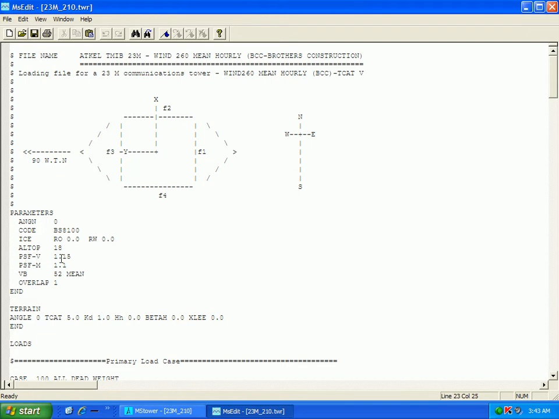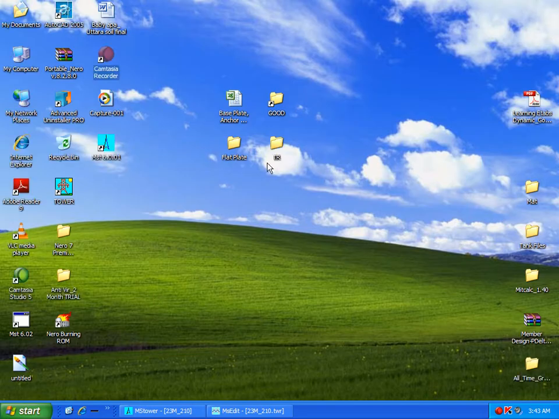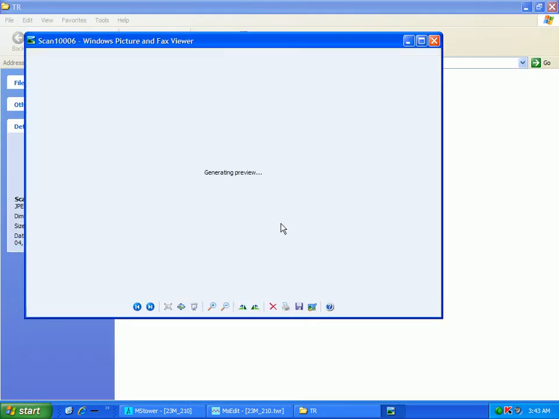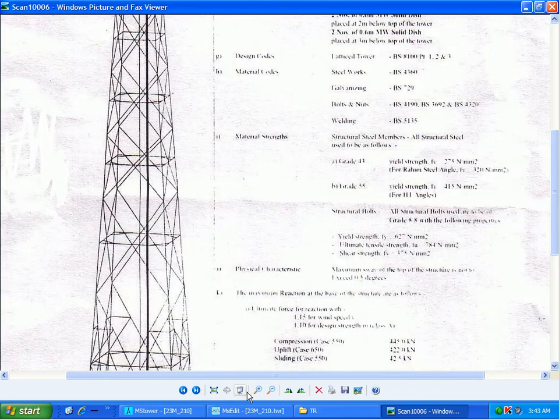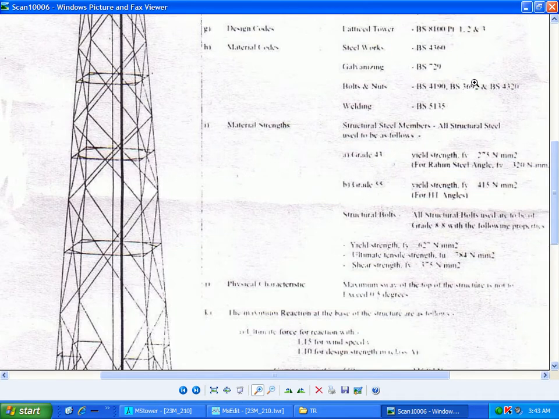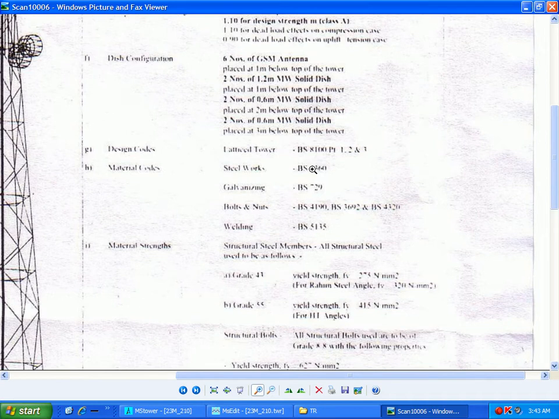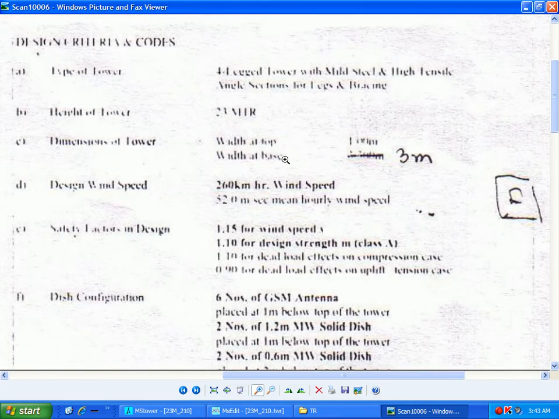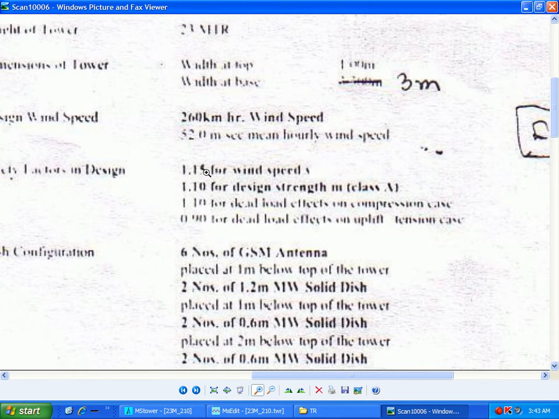PSFV, the partial safety factor for velocity, is 1.15. This has been illustrated in the code or the spec of the vendor. Our vendor has given that they need the PSFV 1.15 for wind speed.